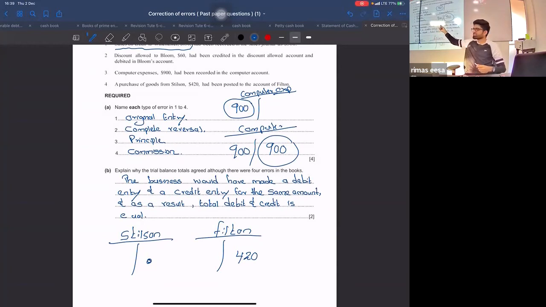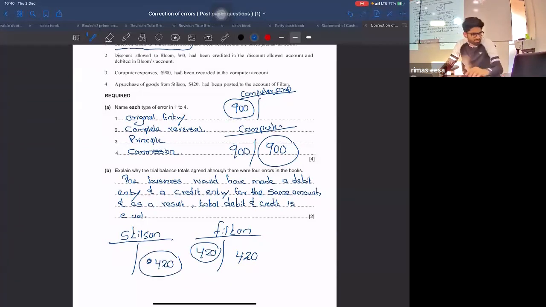That's why you gave the name saying what? Commission. Tell me how to correct it. What should I do to the account of Filter? Filter, debit, 420. Where will I credit? Stilson, 420. Done. Put that into the journal, right? Filter debit, Stilson credit.